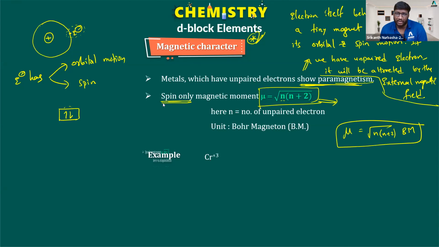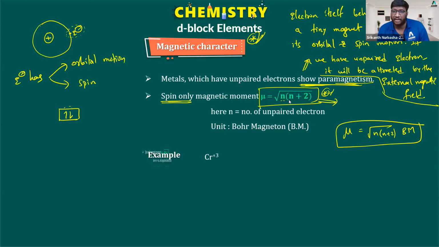Electron behaves as a tiny magnet. I have told you, no. It behaves as a tiny magnet, which means it should have some magnetic moment. The magnetic moment can be due to its orbital motion, because it is orbiting the nucleus. The magnetic moment can also be due to spin motion, because it is spinning around its own axis. The spin only magnetic moment is given by the square root of n into n plus 2.